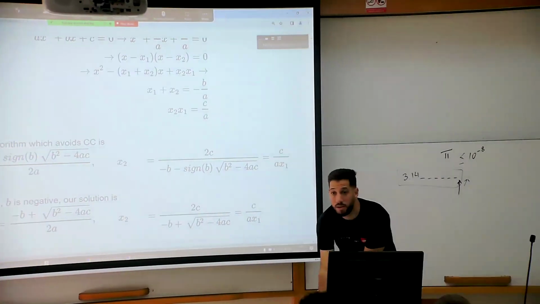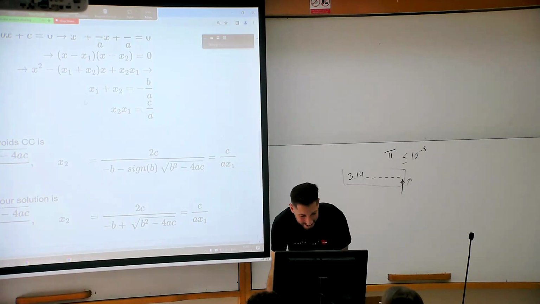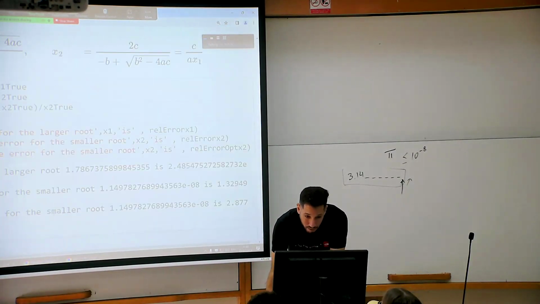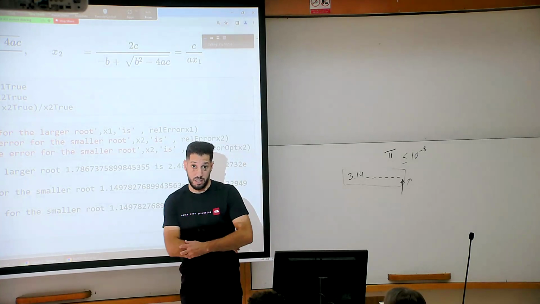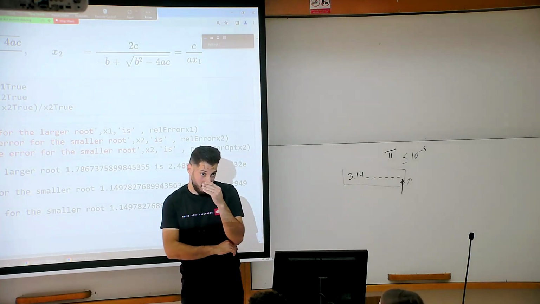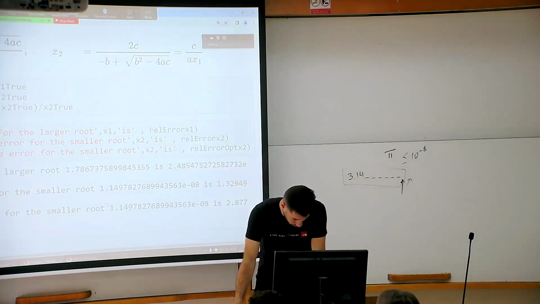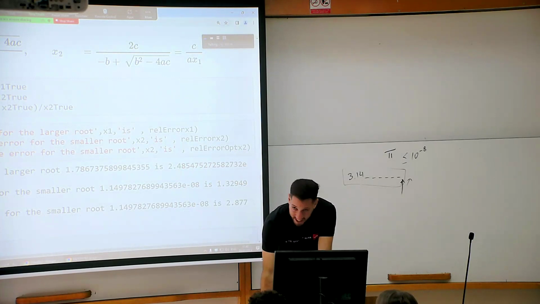But I'll have to branch anyway. So for this example, when we calculate in this way, the relative error is up to 10 to the minus 16. Okay, so we added 7 orders of magnitude of accuracy, let's say.